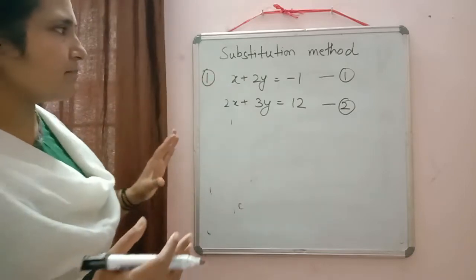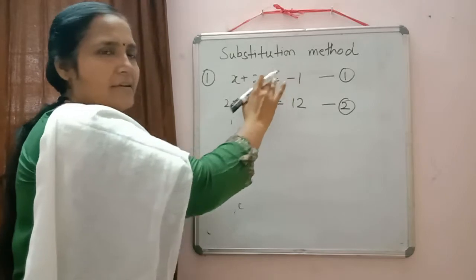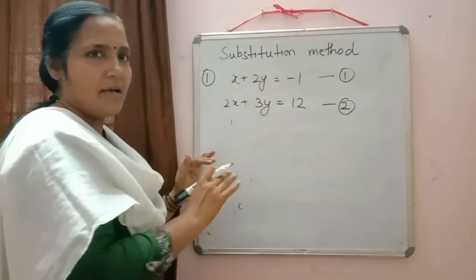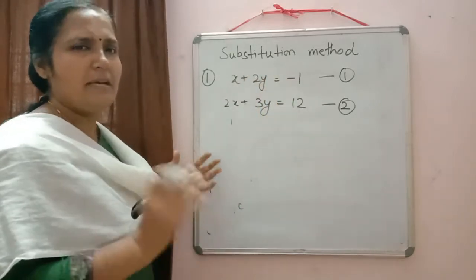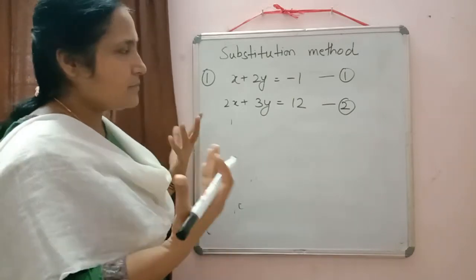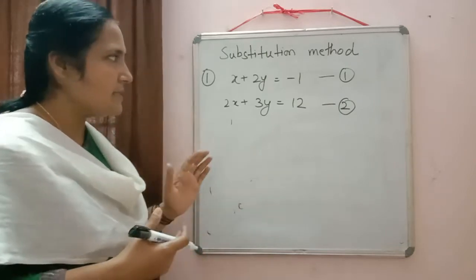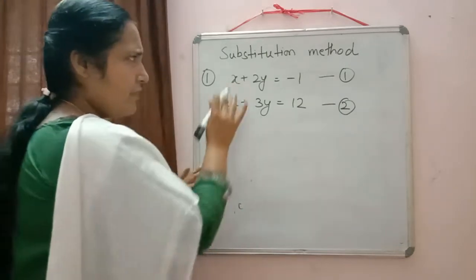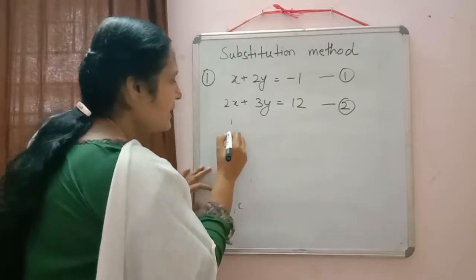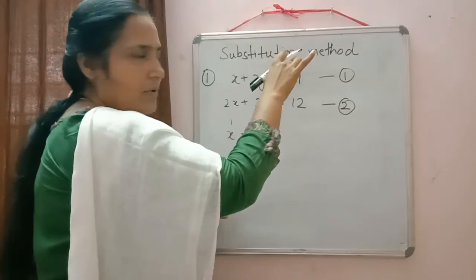But whenever you are substituting, we should check that a fraction should not come, because whenever fractions come, it will be difficult for us to solve. If by substituting any way a fraction is coming, then we'll go with that. But at present, from equation 1, how can we rewrite x? x is equal to, we can shift 2y to the right hand side.